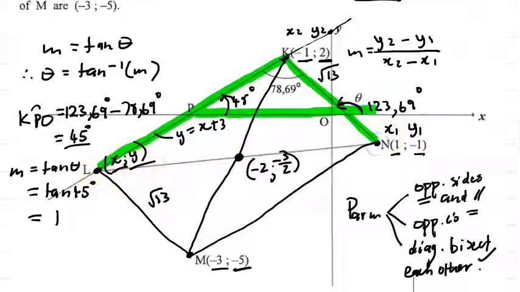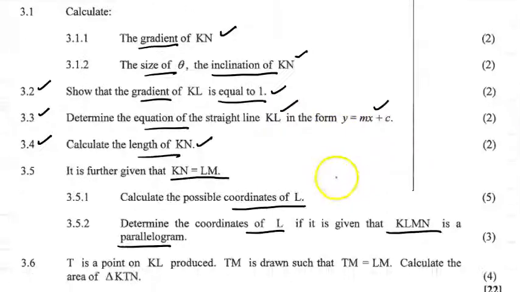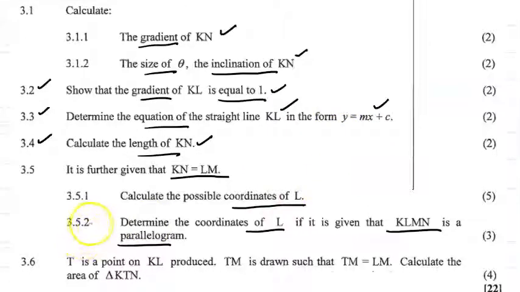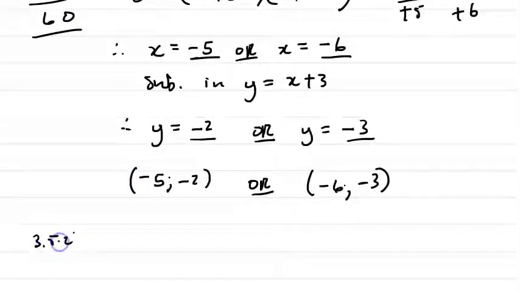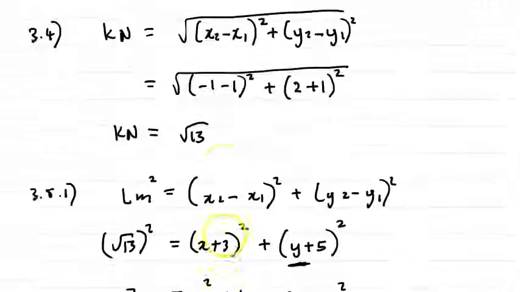So now we can use the midpoint formula once again to solve for x and y. So the midpoint of K and M is negative 2 and negative 3 over 2. Let's write that down. For 3.5.2, our solution will look as follows.